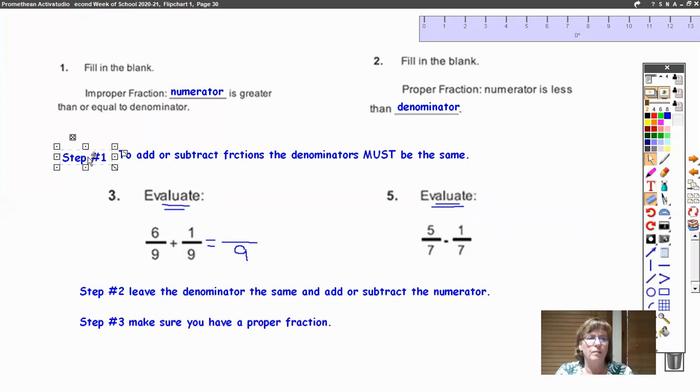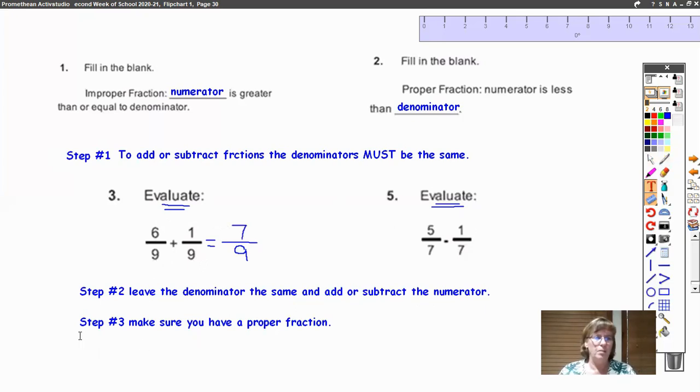So step number 1, to add or subtract fractions, the denominators must be the same. And we see they are the same here, so we're fine. Step number 2, leave the denominator the same and add or subtract the numerator. So we're going to add the numerator. 6 plus 1 is 7.